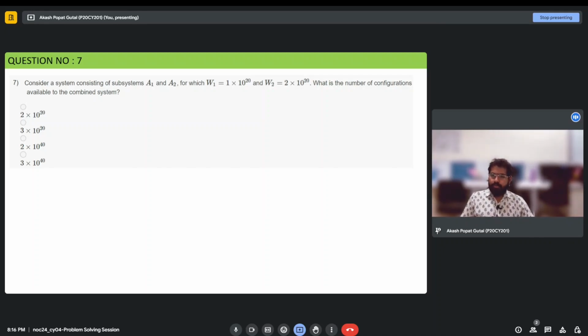So W1 and W2 for A1 and A2 subsystems are given there, which means microstates are given. Then you find out their combined system microstates. Please work out. Take your 3 to 4 minutes and tell me the answer if possible.